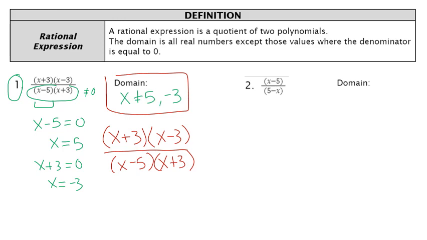So for example, let's say I had 12 over 15. 12 is 2 times 2 times 3. 15 is 3 times 5. And so a factor of 3 is what they share. So when I reduce it, I would get 4/5. And that's what that fraction reduces to.